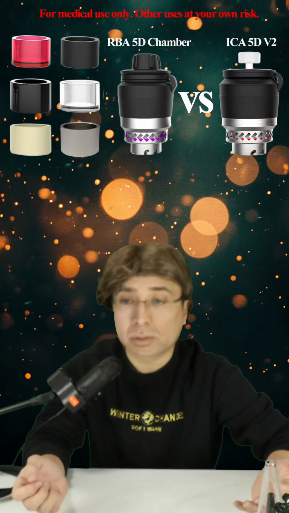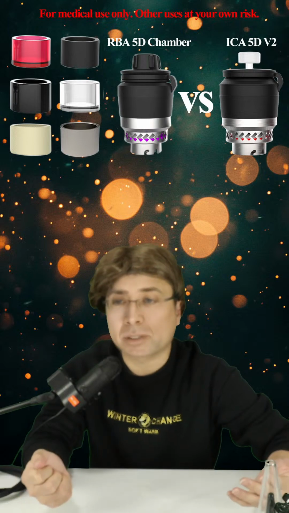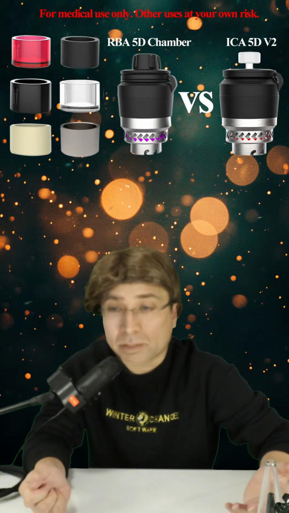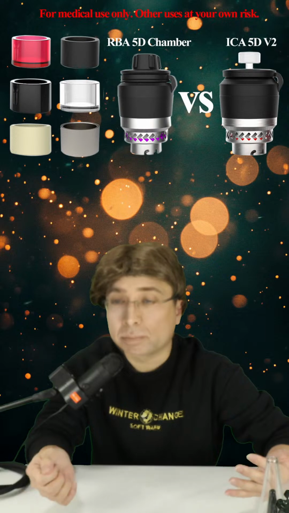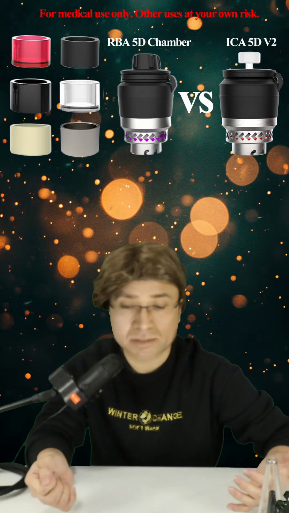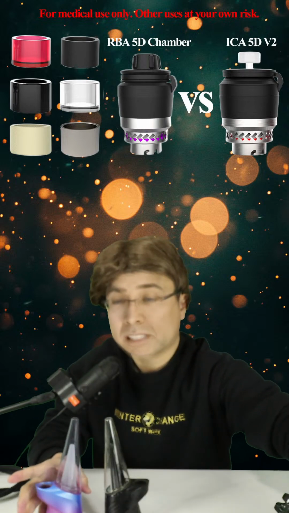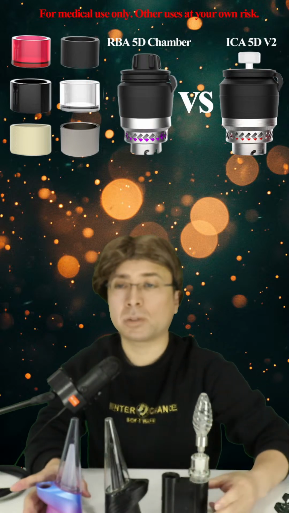Today I'm going to talk about our two kinds of chambers, the RBA family chamber and the ICA family chamber. I will talk about the difference between these two versions, and I will test them on the peak flow and on property.